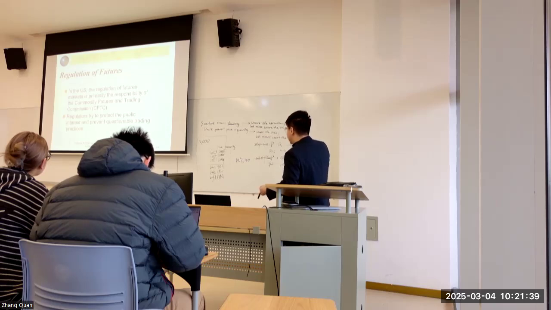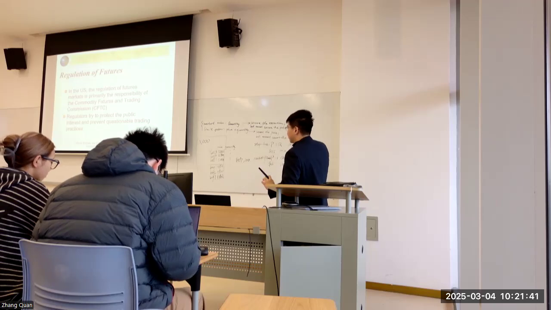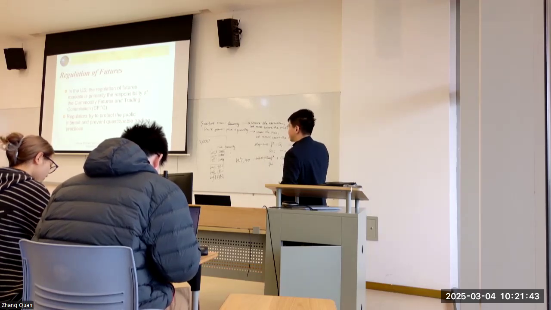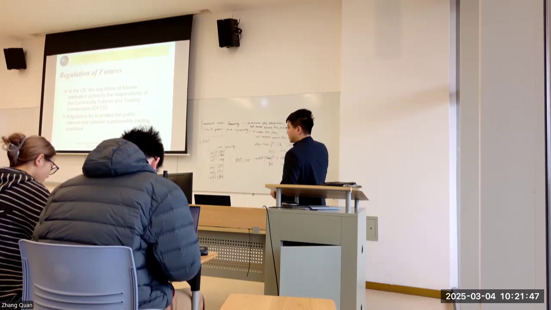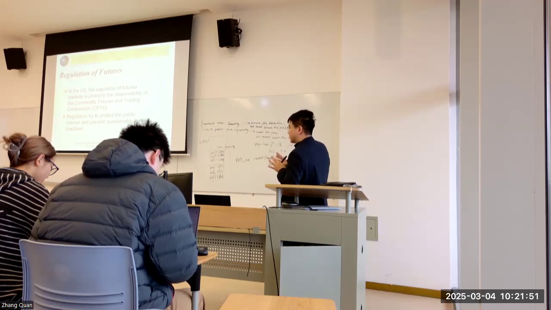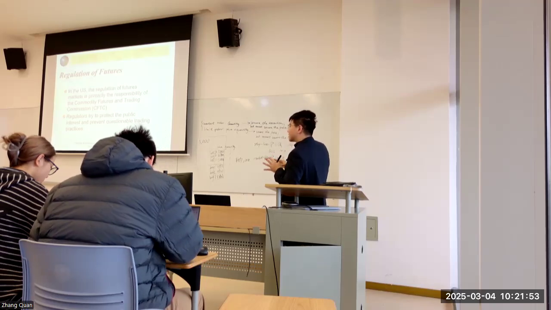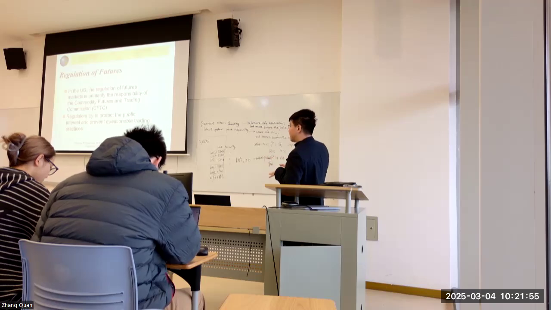For the futures market, they mainly try to protect the public interest and prevent questionable trading practices. Usually, it's about the second point. Protecting the public interest is kind of a big phrase. Usually, this only matters when a crisis comes.